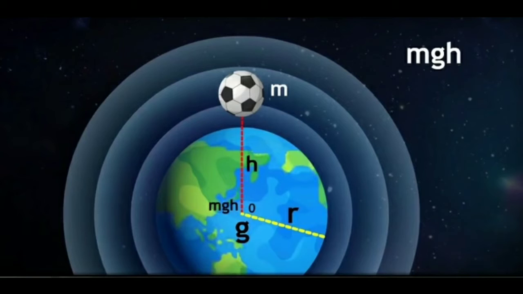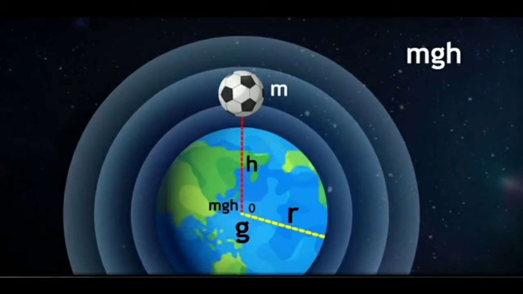So let us assume that the potential energy of an object of mass m, as you can see on your screen, children, at a height of h from the ground is mgh. So this is the potential energy of an object at a height, okay, and on the ground the potential energy is 0.